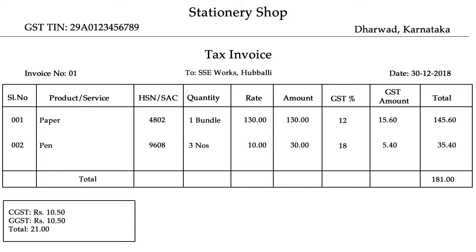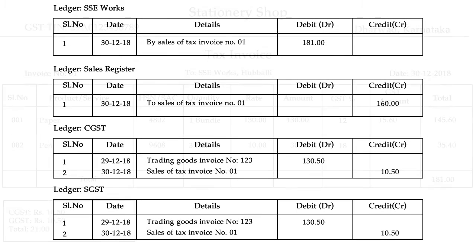So consider this sale as a credit sale. Here you are selling a set of products as shown in the tax invoice to a party, your customer SSE Works. Let's see how this tax invoice is registered in a ledger. First of all, as it is a credit-based sale, the party should be debited.